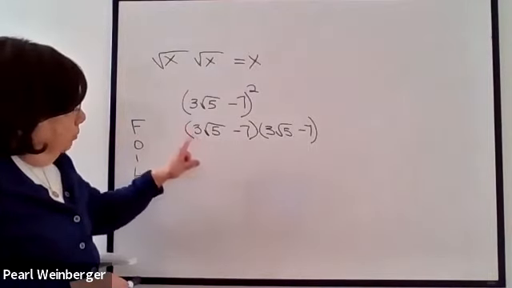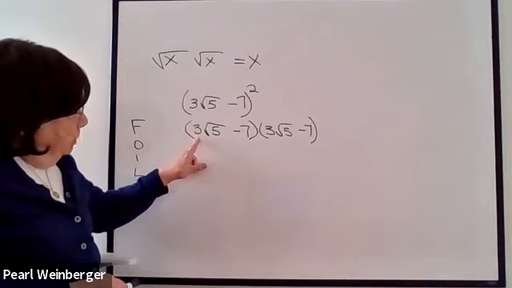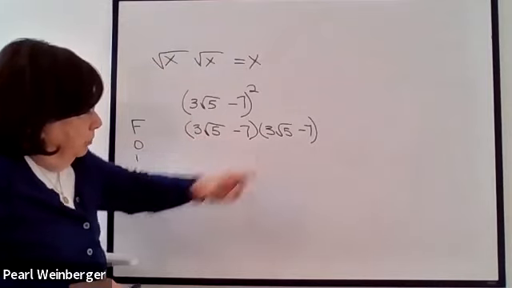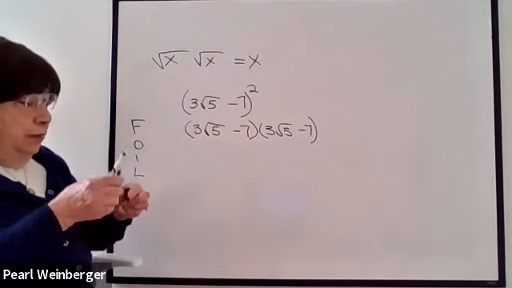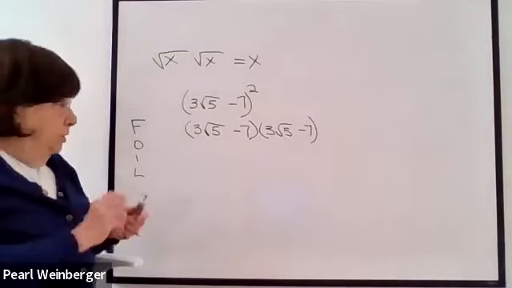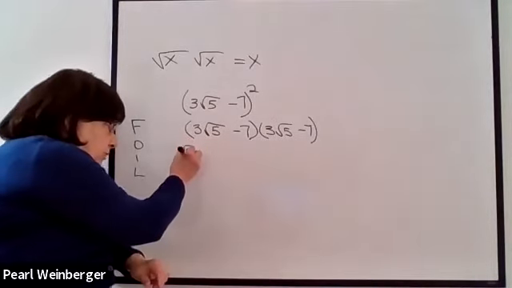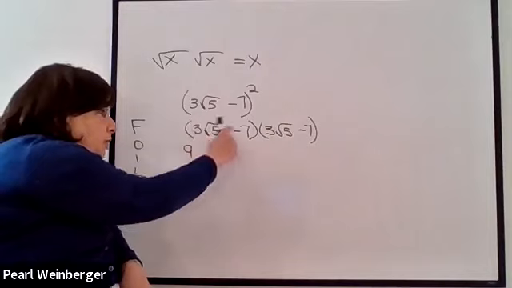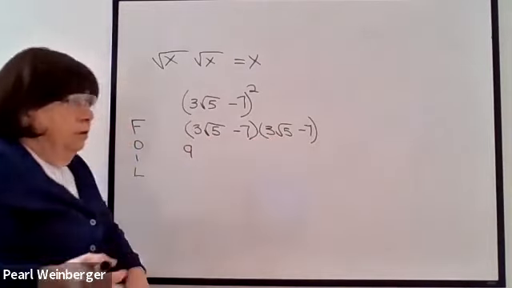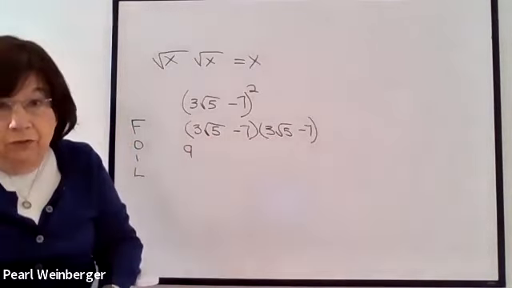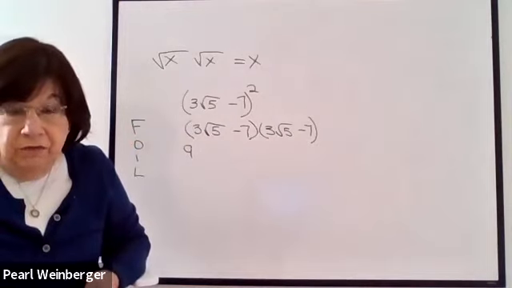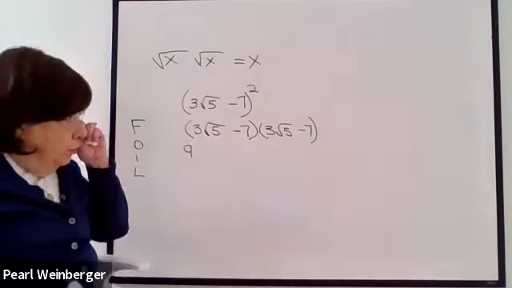So we're going to go first. 3 radical 5 times 3 radical 5. So 3 times 3 will give us the 9. Those are numbers outside. And the square root of 5 times the square root of 5 is obviously the square root of 25, which is just 5. But I could have said that right away.